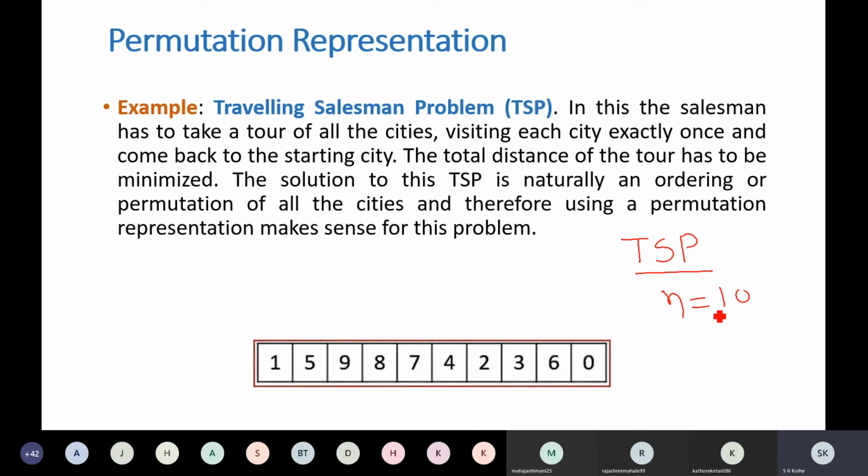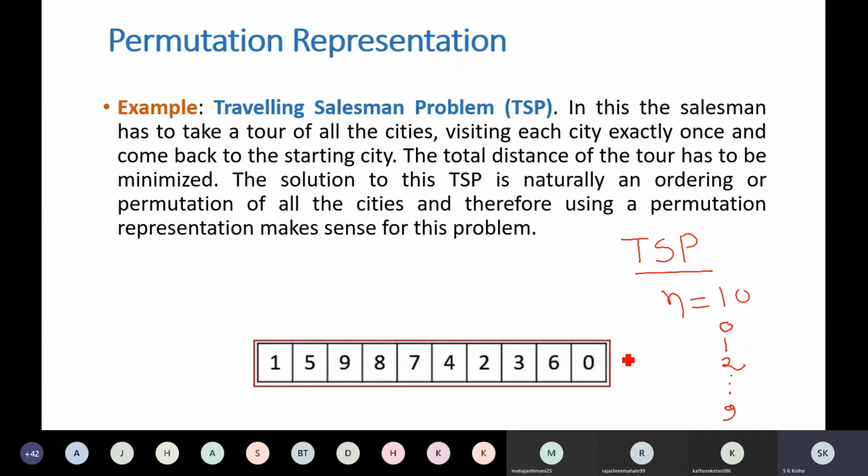To represent these 10 cities, we can have numbers which will represent them: city 0, city 1, city 2 up to city 9. So these numbers will represent cities.